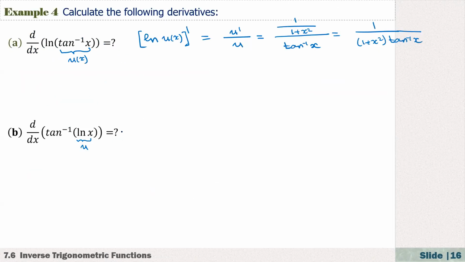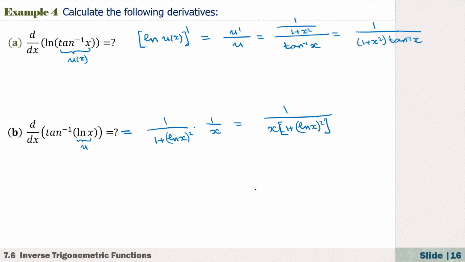That is 1 over 1 plus the natural logarithm of x squared, times the derivative of the natural logarithm of x, which is 1 over x. So that's equal to 1 over x times 1 plus natural logarithm of x squared. Just write it like this.